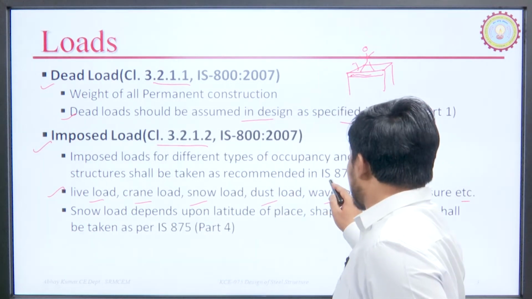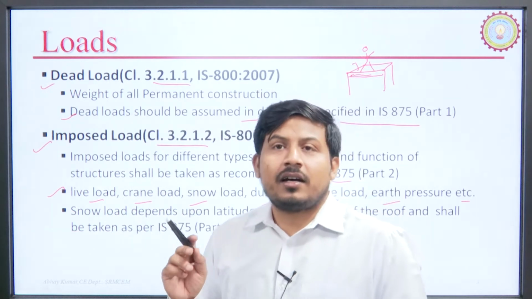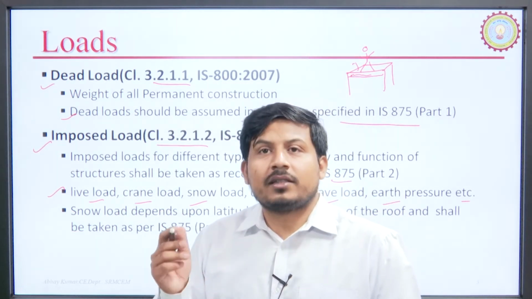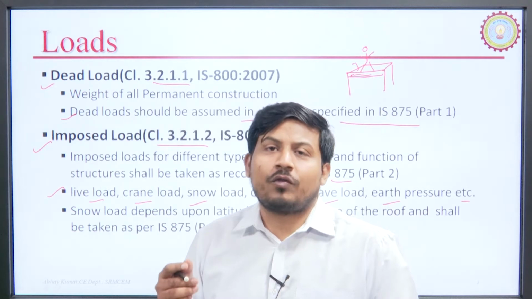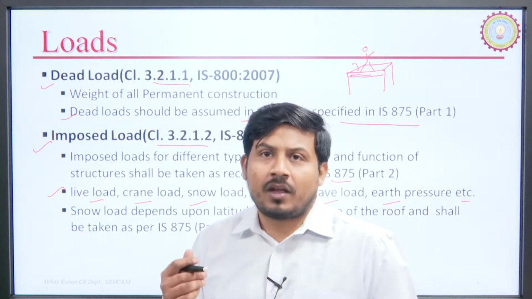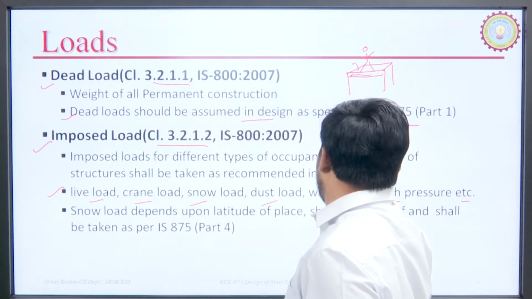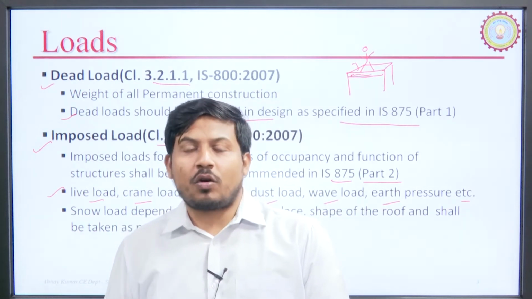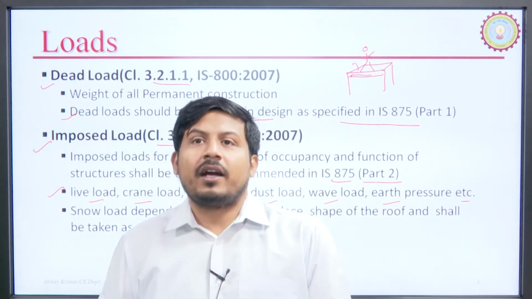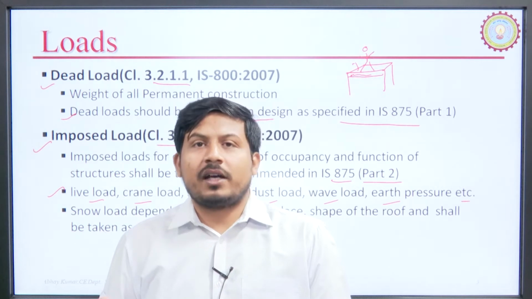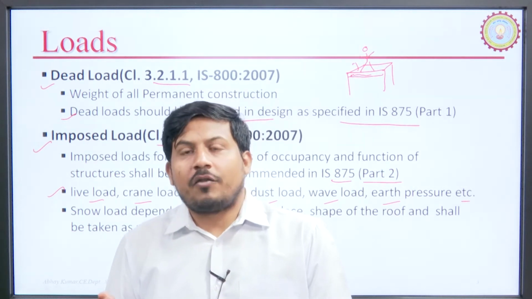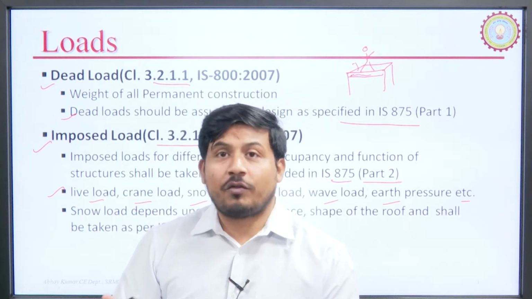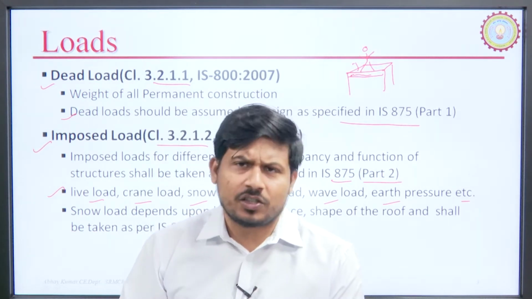As there is a dedicated code for the dead load, there is also a dedicated code for the imposed load. It is IS 875 part 2. Part 1 of IS 875 talks about the dead load, and part 2 talks about the various kinds of imposed load that should be considered while designing any civil engineering structure.